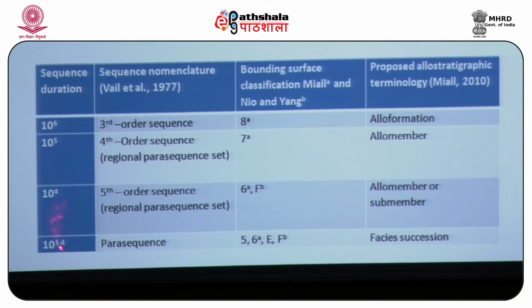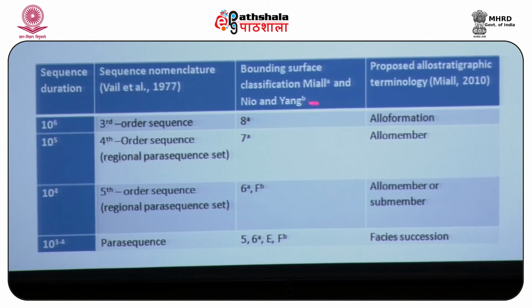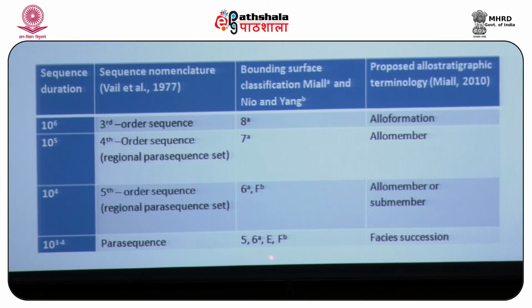And 10 to the power 3 to 4 million year duration, in case of Vail et al, is parasequence, and Miall, Neo and Young named it 5, 6A, 6B, and the latest, Miall 2010, knows it as facies succession.